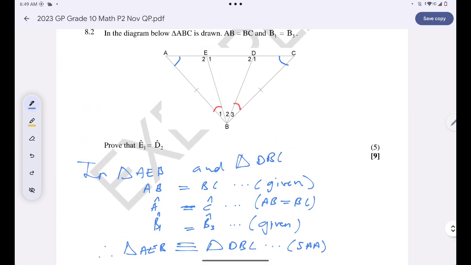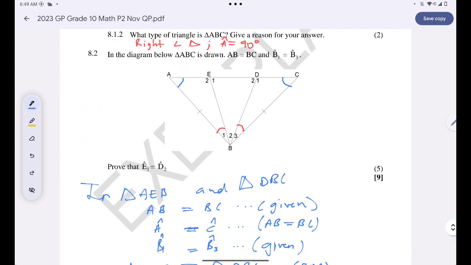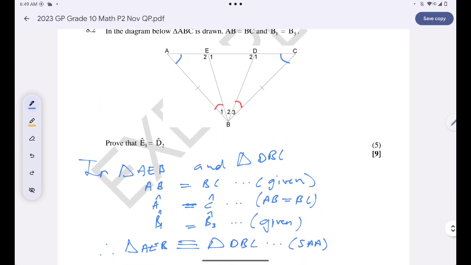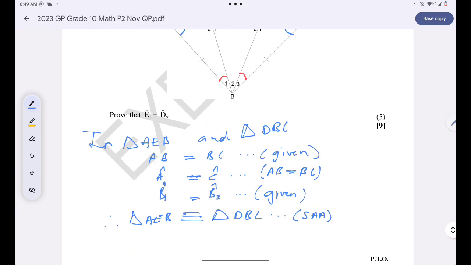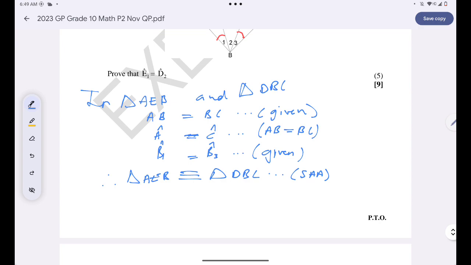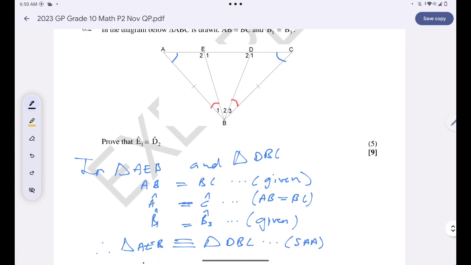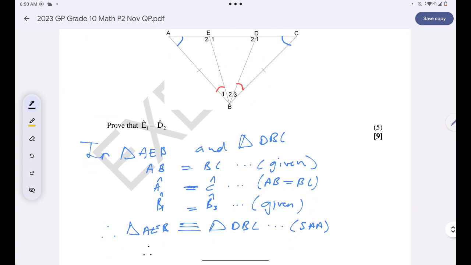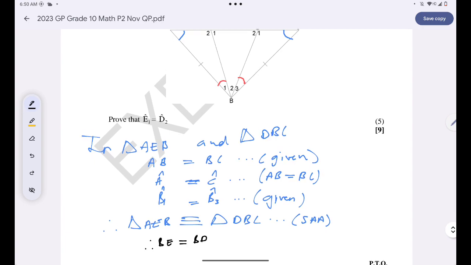Are you together? So since these two triangles are congruent, I can therefore conclude, let me write in black, that the other two things are the same. BE is the same as BD, and AE is the same as DC.